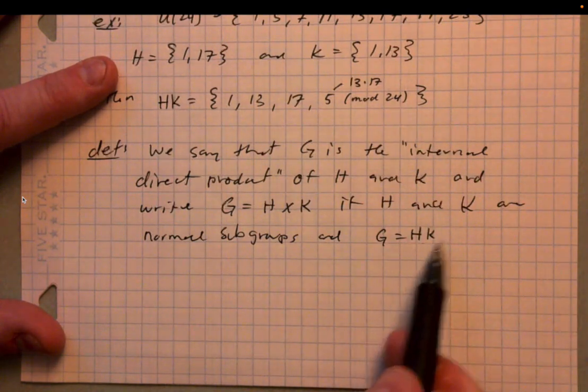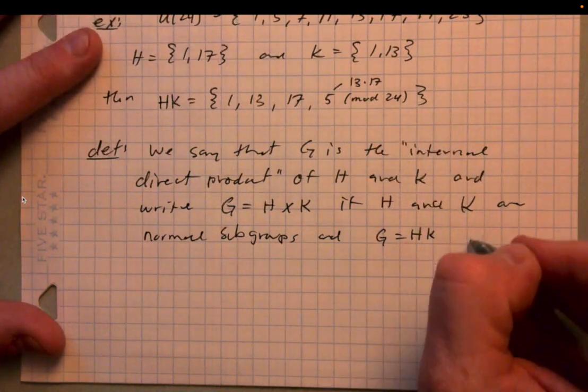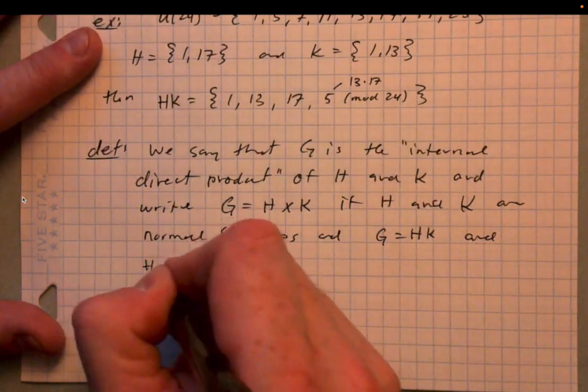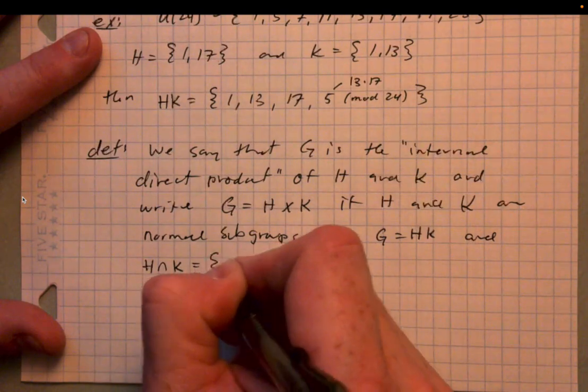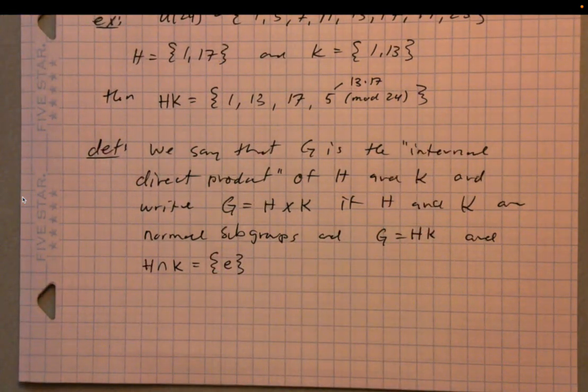Namely, the group you get when you multiply everything together gives you G, and H and K have only the identity in common. So H and K are basically disjoint except for the identity.